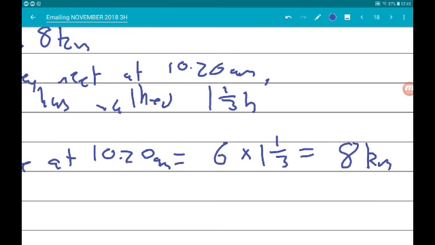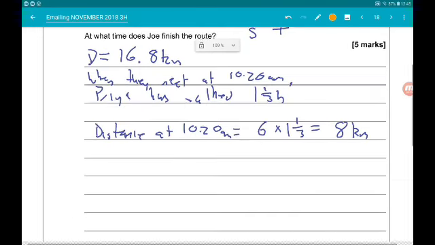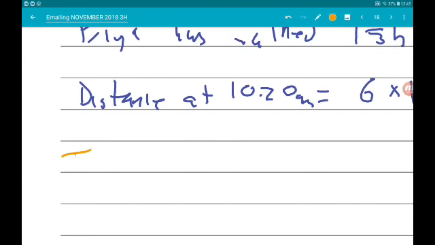Okay, at this point we are now done with Priya. So we now know that Joe runs 8 kilometers in. So he started at 9:30.